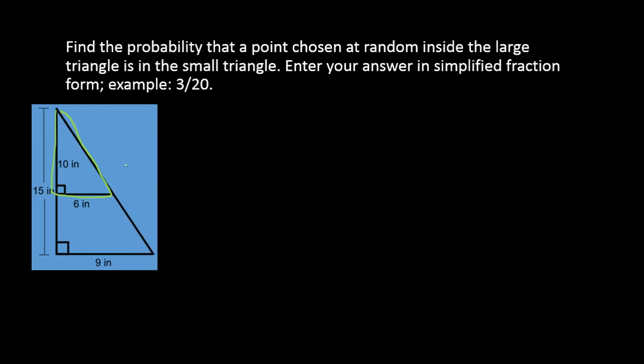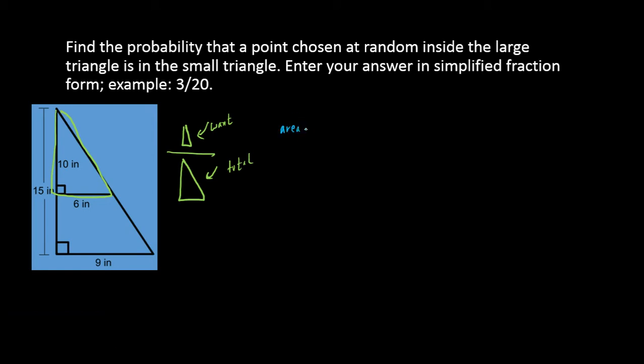So we're going to figure out the ratio of the small triangle divided by the whole triangle, right? This is what we want, and this is our total. Okay, so we need to figure out our areas.